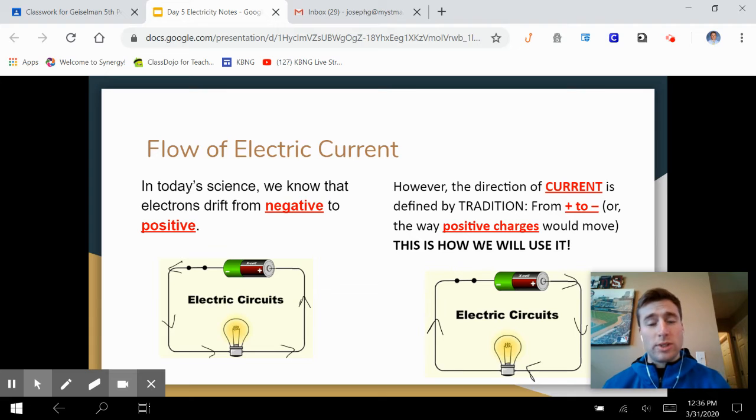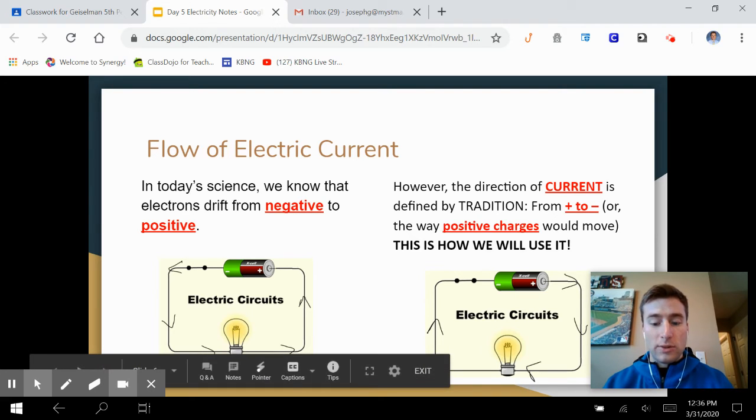We've recently discovered that since we've been working with circuits. So there's the traditional one, which has positive to negative, but we really know now that it goes from negative to positive as we flow around a battery.